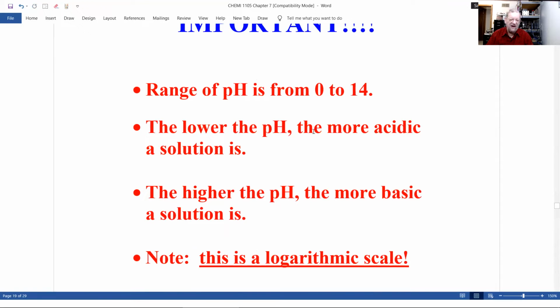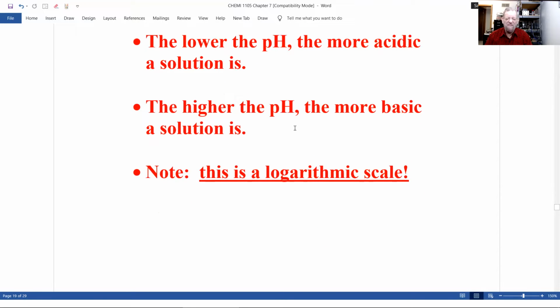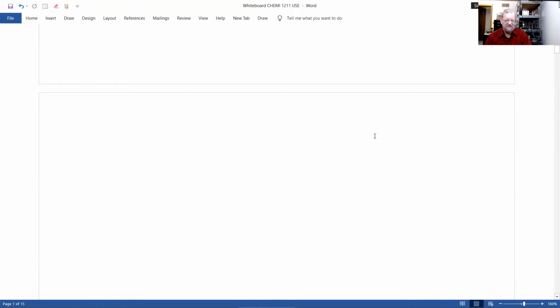Now, the pH scale is 0 to 14. The lower the pH, the more acidic it is. The higher the pH, the more basic it is. And this is probably the most important thing I'll teach you this semester. pH goes from 0 to 14, never less than 0, never more than 14.